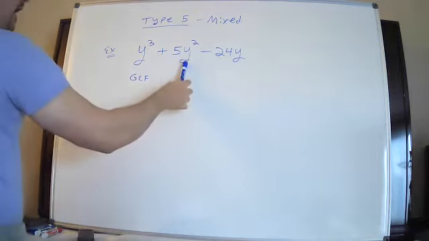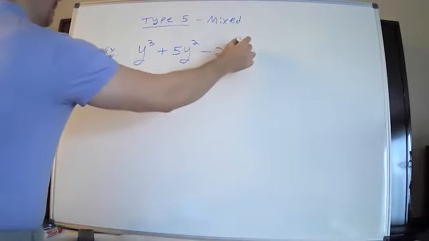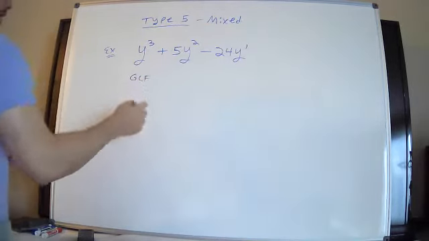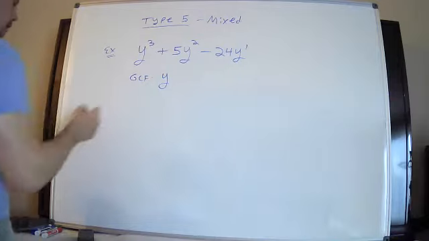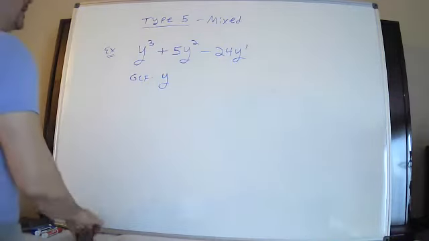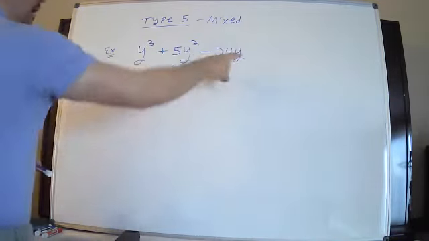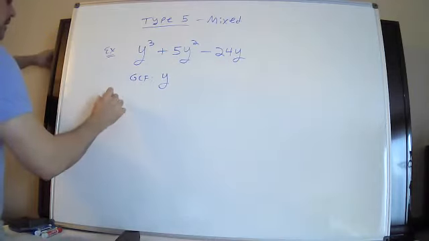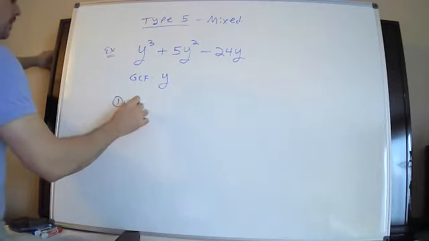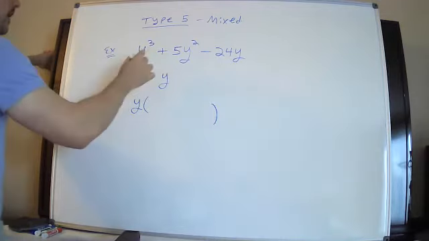So the GCF is not a number here. But they all have a y in common. So remember the game, right? That's really y to the 1. You're going to factor out the smallest power of y that they all have in common. And that smallest power is 1. So that's what I'm going to do. I'm going to put the y in the front. I'm going to divide it away.